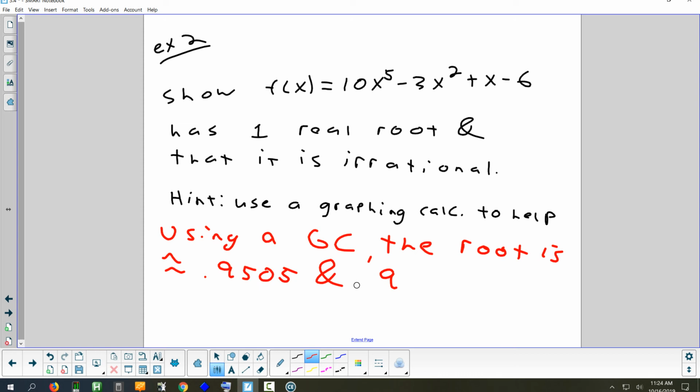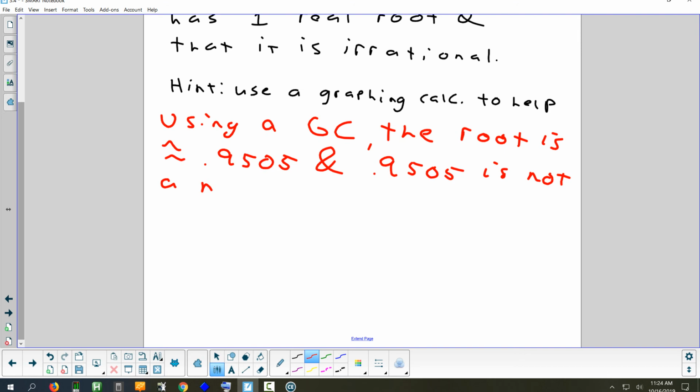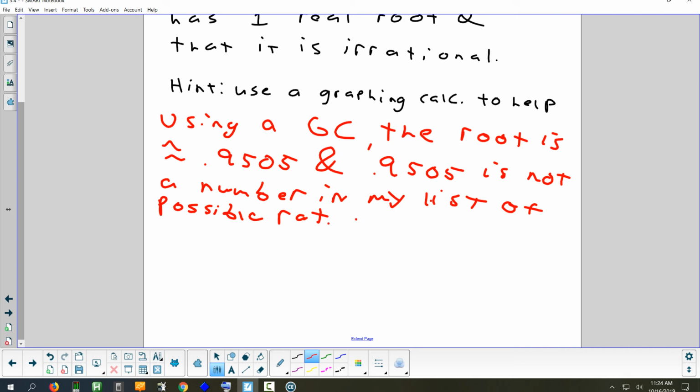And 0.9505 is not a number in my list of possible rational roots. So it has to be irrational.